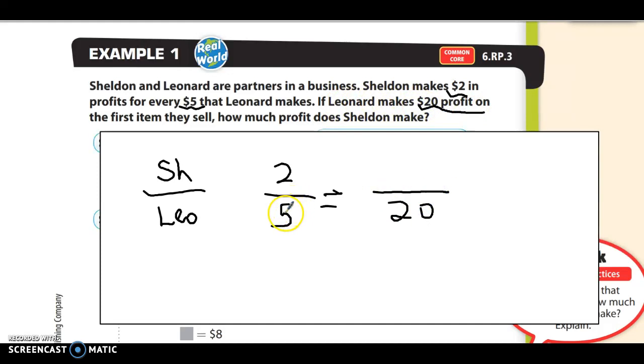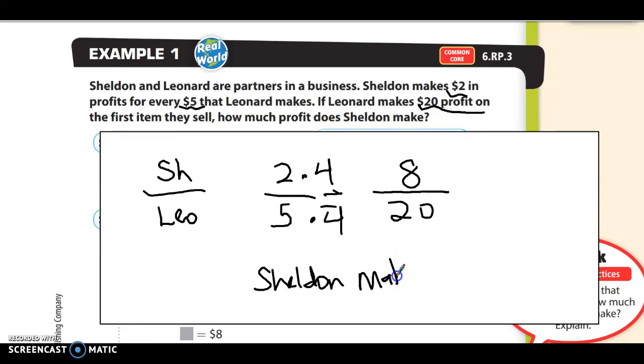So how do I get from $5 profit to $20 profit? I multiply by 4. How do I get from $2 profit to my unknown? I multiply by 4, and I get 8. So then I would put into a sentence that Sheldon makes $8 profit. All I did there was show you how I would do it if I didn't have all that work supporting me. Alright, let's go check out the one at the bottom of the page.